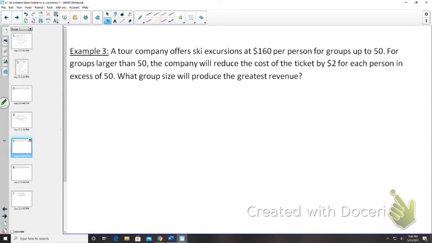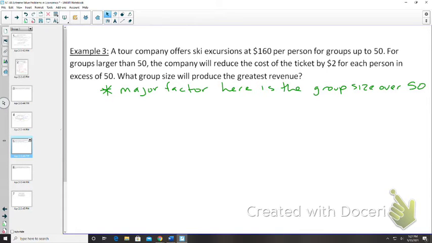Again, I think that the hardest part with these word problems is setting them up. From this question, we know that the major factor here is the group size over 50. As we set this up, we're looking to find what group size will produce the greatest revenue.